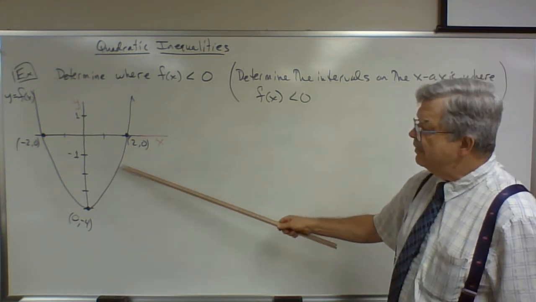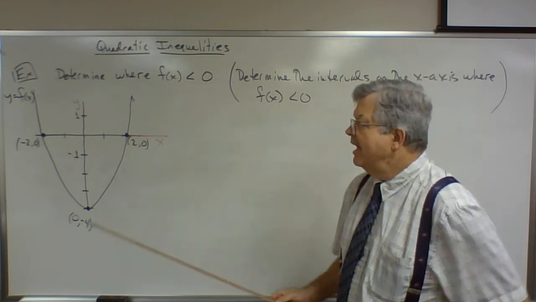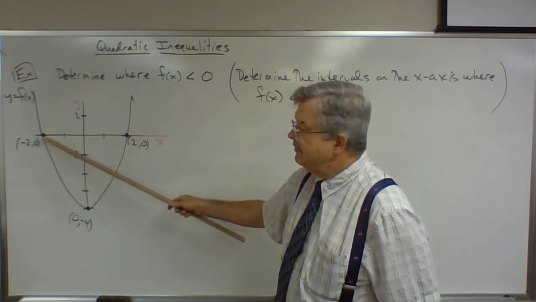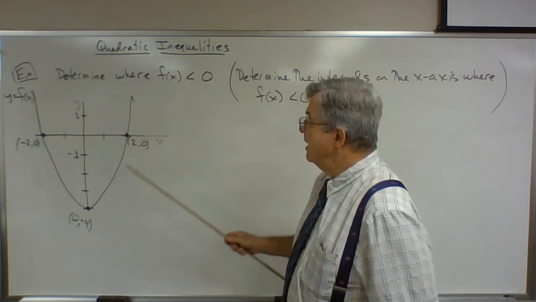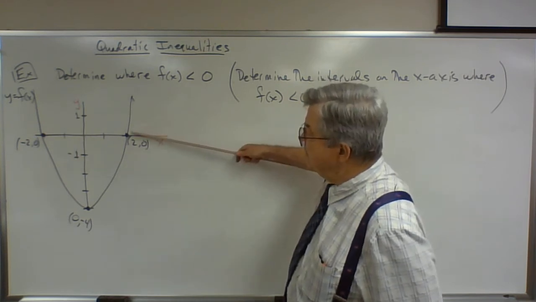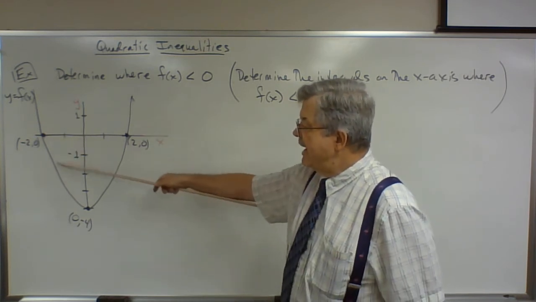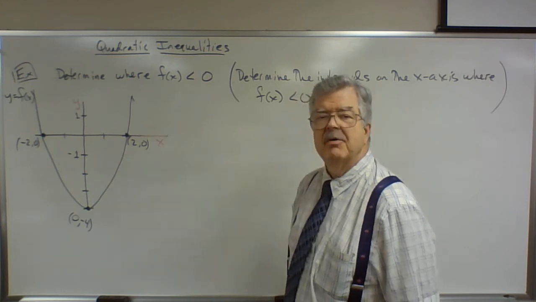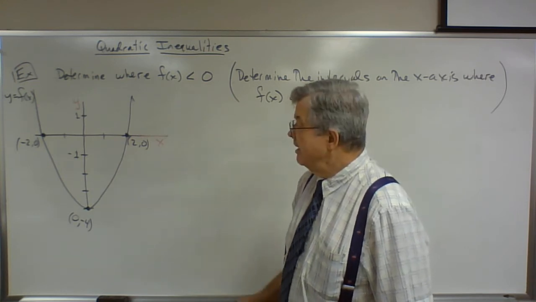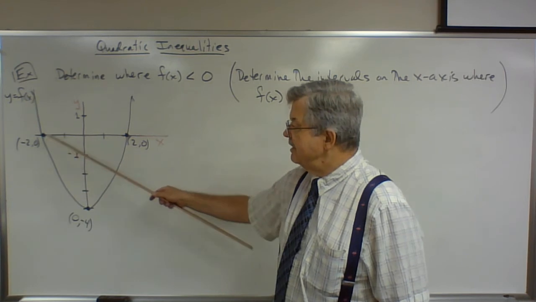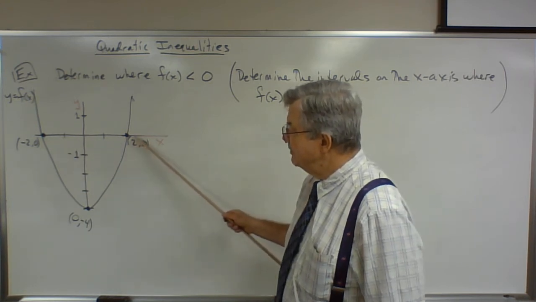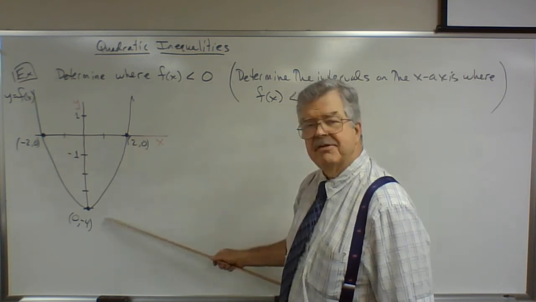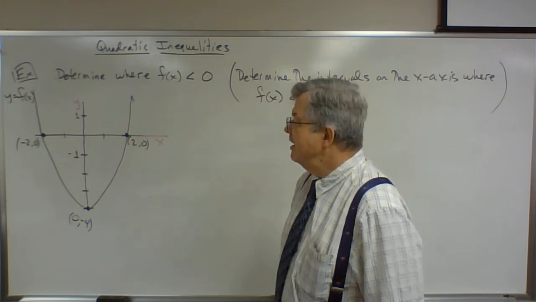And here's what I see. I see that between x equal negative 2 and x equal positive 2, the graph of f of x is below the x-axis. Between x equal negative 2 and x equal positive 2, the graph is below the x-axis.